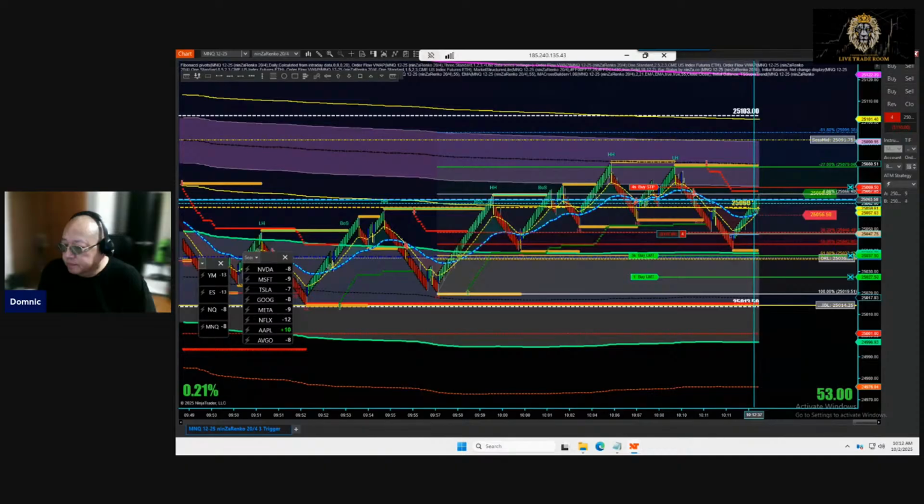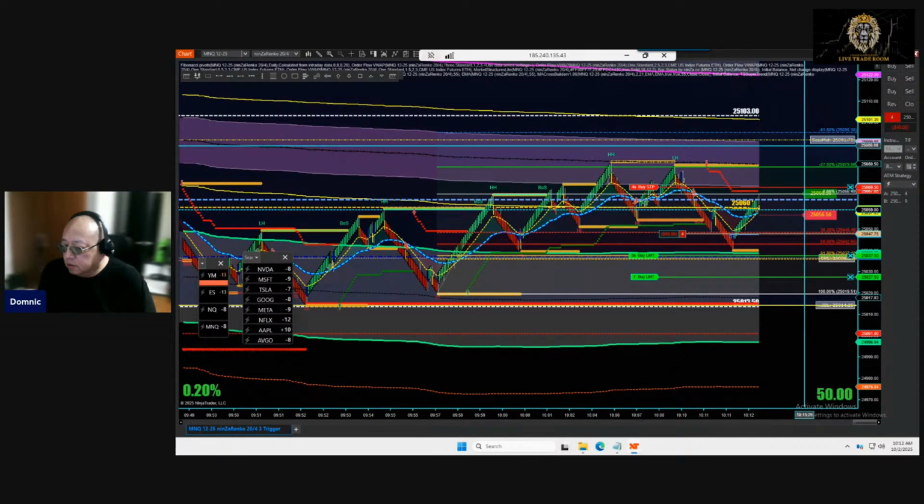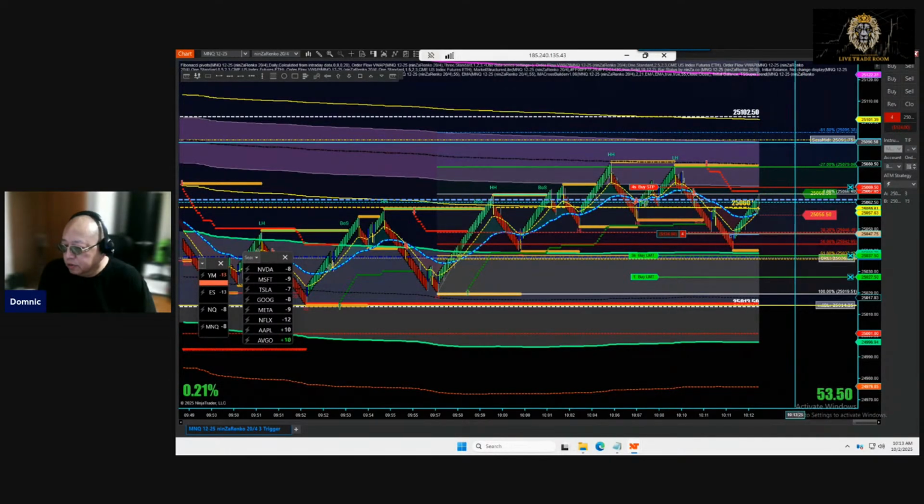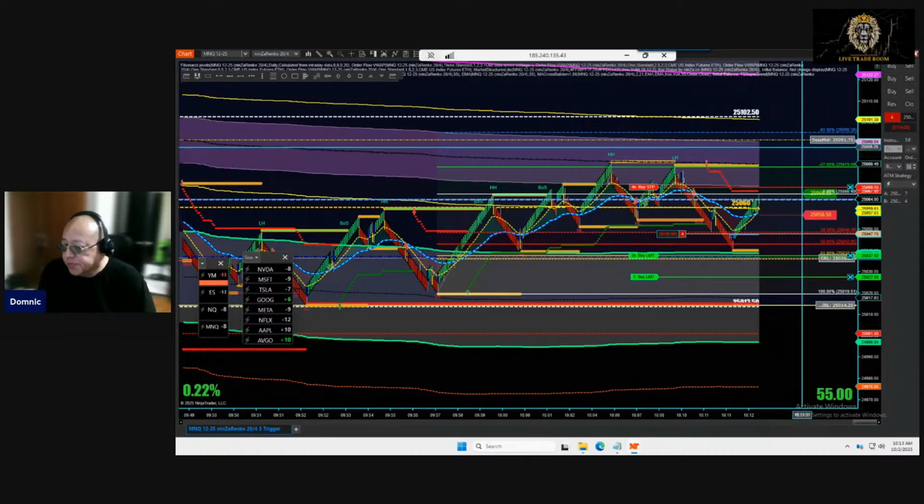What's we call it? Super trend. We'll just test it and come back down. Let's see. You want to see a reversal candle or reversal bar. Right now it's not completing it.